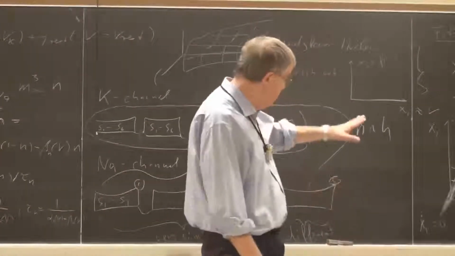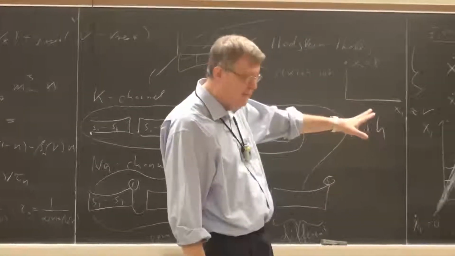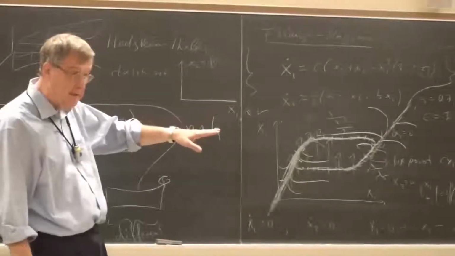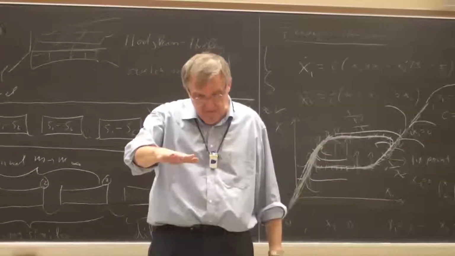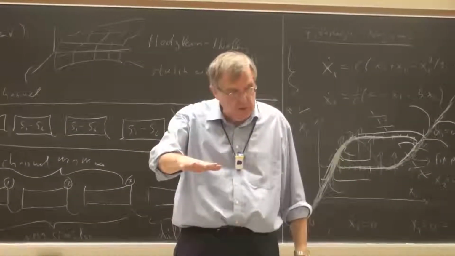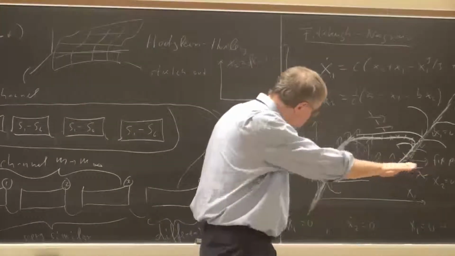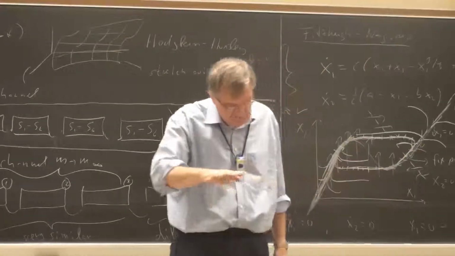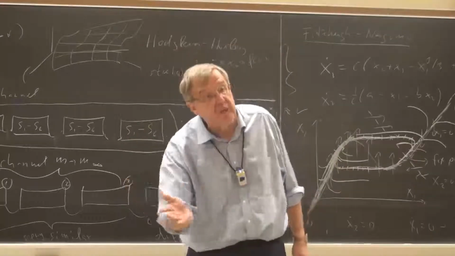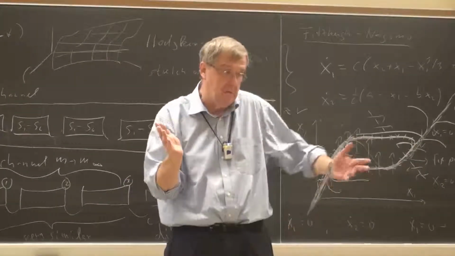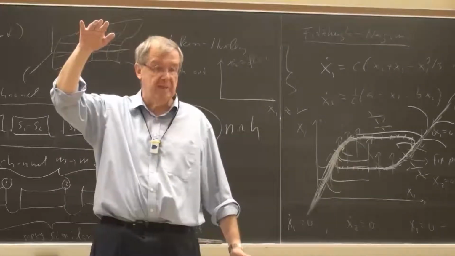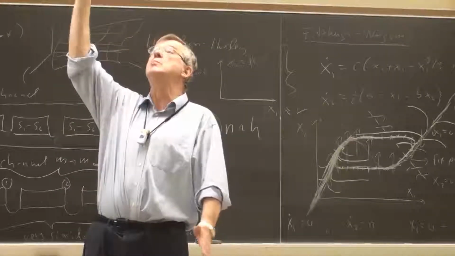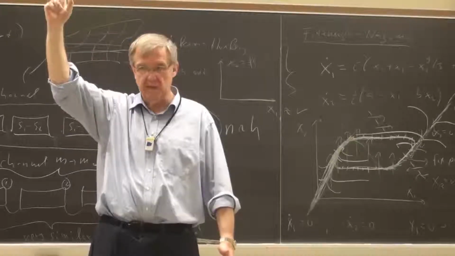And when we look at these solutions, that's what we do next time, we'll see that we are actually getting exactly this threshold behavior. The system will behave like this: when we are below a certain threshold, which is this x1 variable, the voltage, we quickly relax back and nothing was there. But when we go just a little bit above the threshold, then boom, we're getting a huge signal.